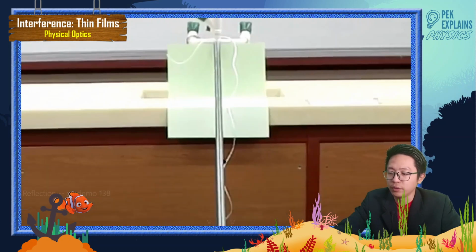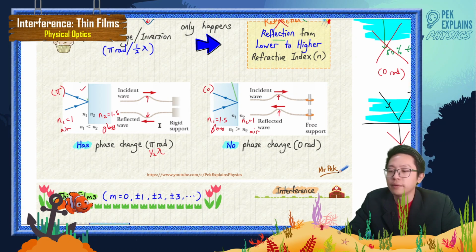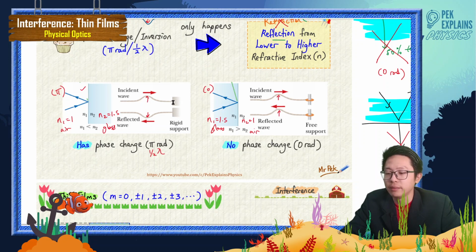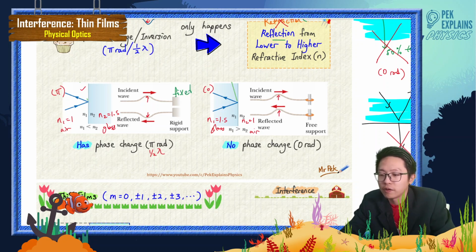Before we look at this video, I want you to look at the notes here again. Phase change we can imagine like a rope. Actually, a wave can also travel in a rope. So you see this incident wave comes here. Here the rope is fixed. We can say here is a fixed end. A fixed end is just like a higher refractive index, a hard surface.